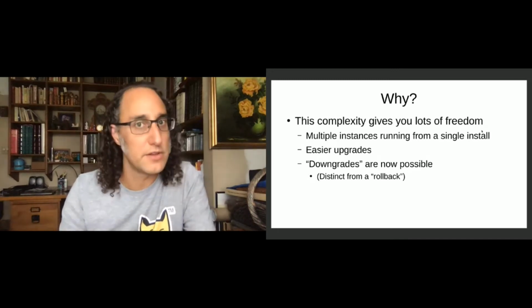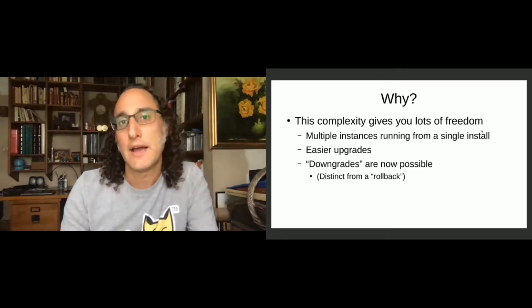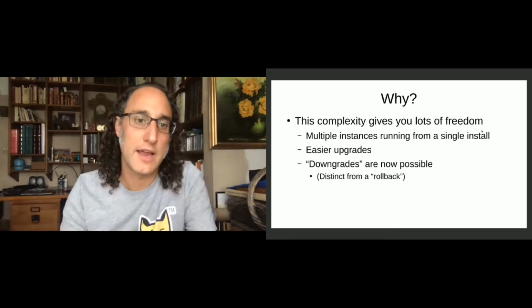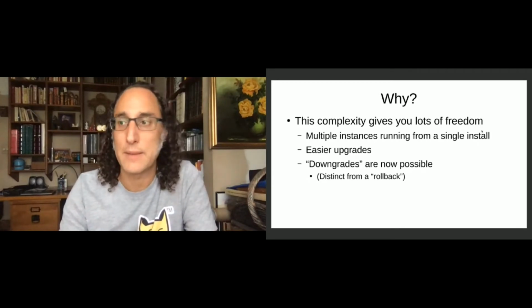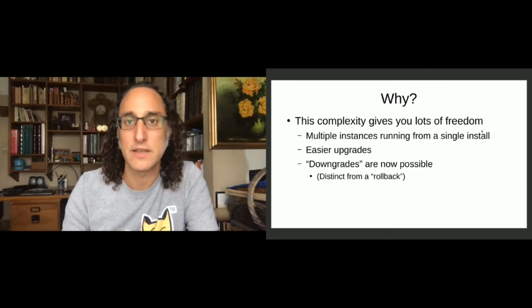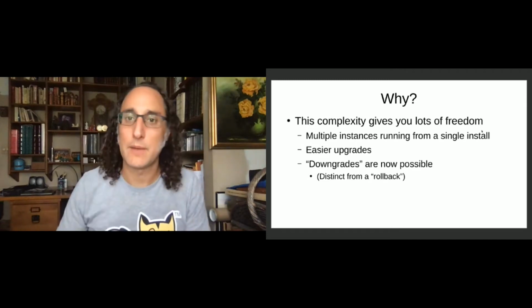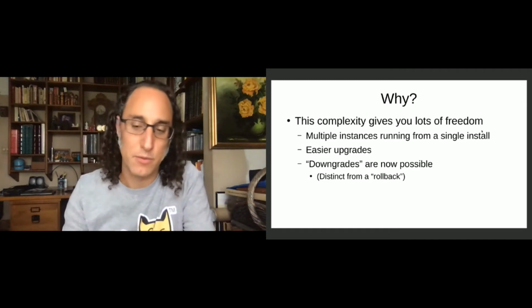There are a lot of other things that you can do here, but the thrust of this presentation is supposed to be about how easy it is to allow you to upgrade and actually downgrade your Tomcat if for some reason something goes wrong. Perhaps there might be a bug in the new release that you didn't find in some environment and you need to quickly roll back. It's a lot easier to downgrade than it is to roll back, especially if you have expanded the new version of Tomcat on top of the old version of Tomcat, which I wouldn't recommend.